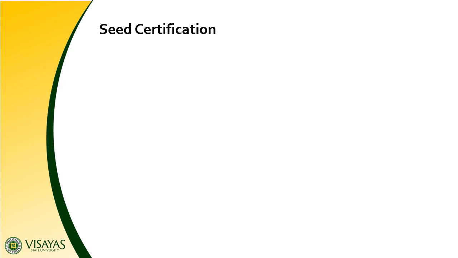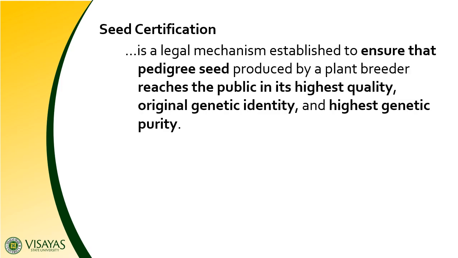In that reproduction process, before the seed will be distributed to the farmer, it must undergo this seed certification process. This is a legal mechanism established to ensure the pedigree of the seed produced by the plant breeder reaches the public in its highest quality, original genetic identity, and highest genetic purity.